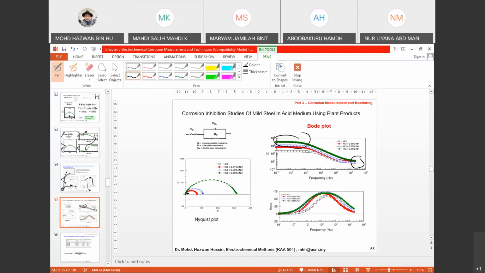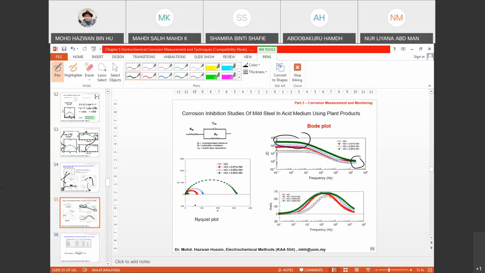And you have one capacitive loop, which means you have one capacitance. Another thing is when you look at the Nyquist plot, you see that it is a semicircle, so a parallel design should be taken into consideration. But you will see that it's almost at zero, because your blank is very small.